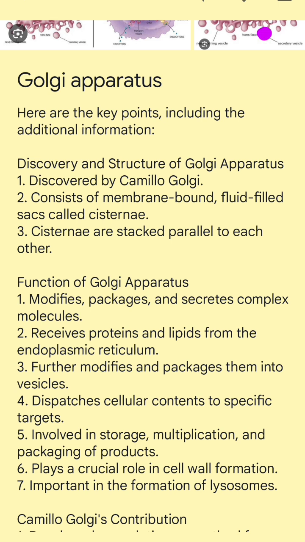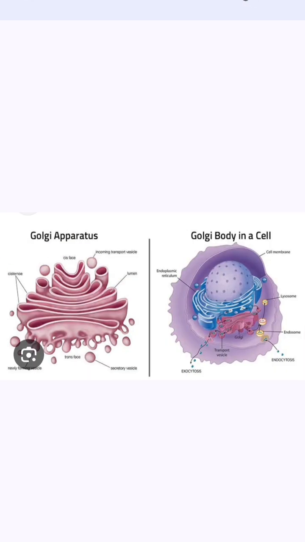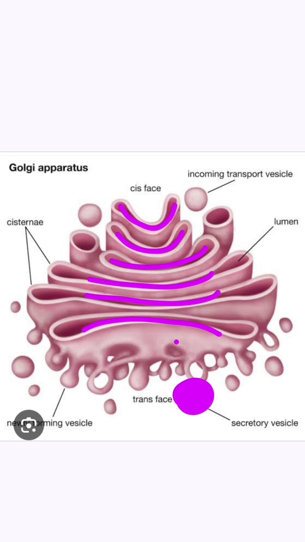The modified substances are stored in small spherical structures called vesicles, as you have seen over here, the yellow things and pink things, and the circular things actually are the vesicles in which the chemicals made by Golgi apparatus are stored. The sugar molecules and lipid molecules that are modified are stored in vesicles.